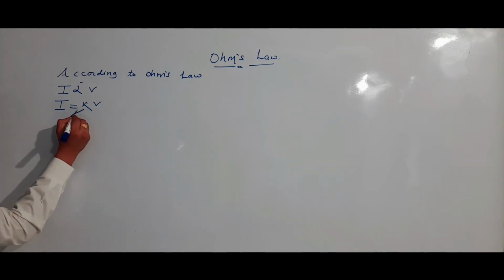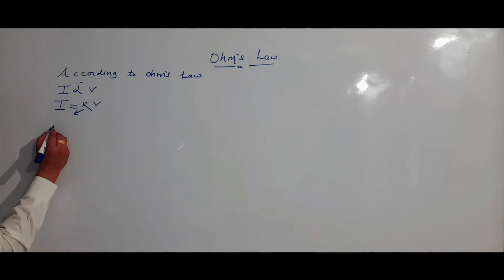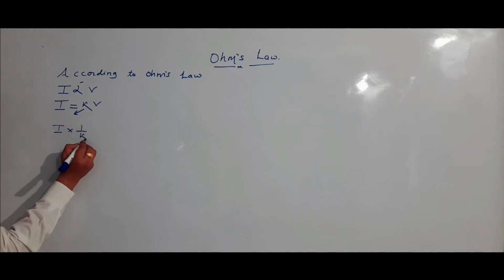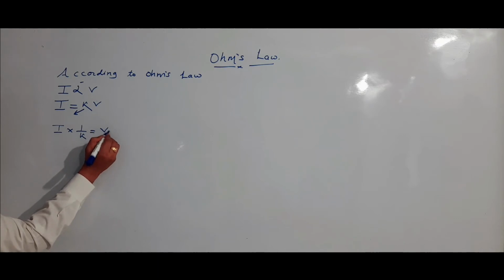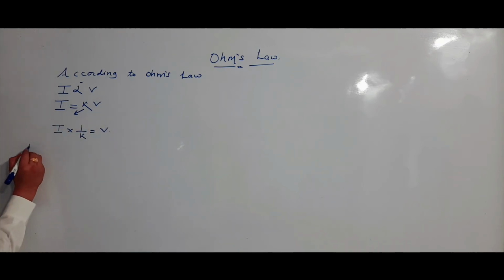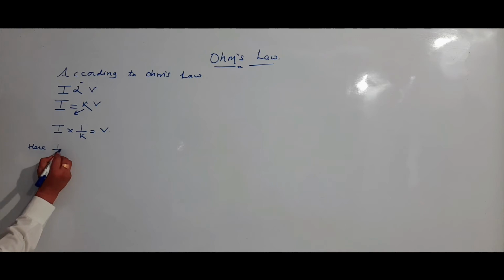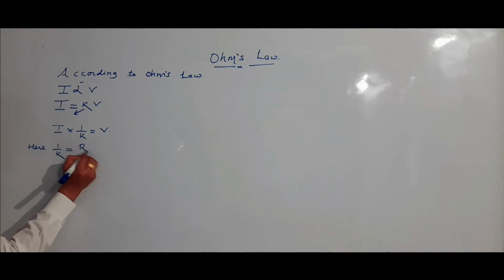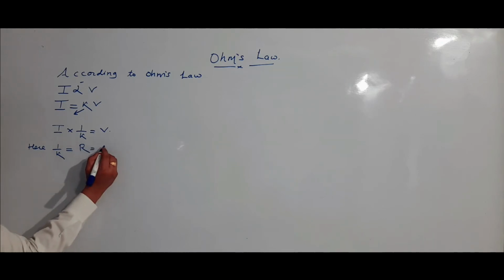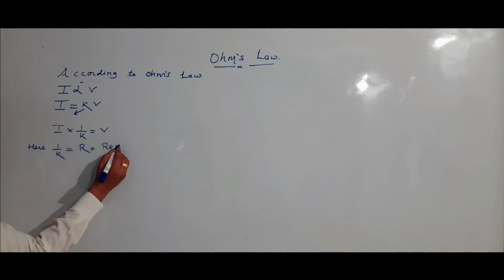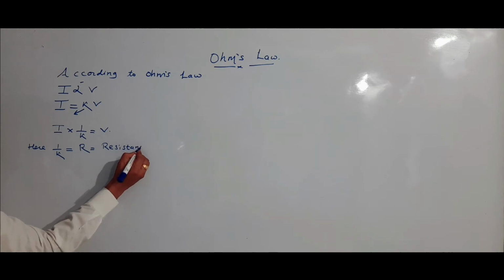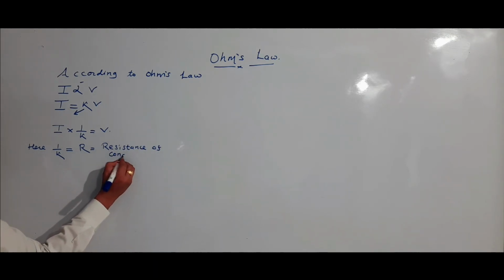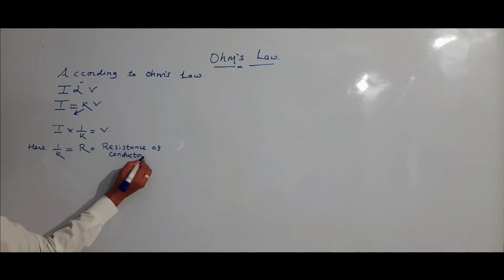I will take the constant to the other side of the equation, I into 1 by K is equal to V. Here 1 by K is equal to capital R, the resistance of a conductor.